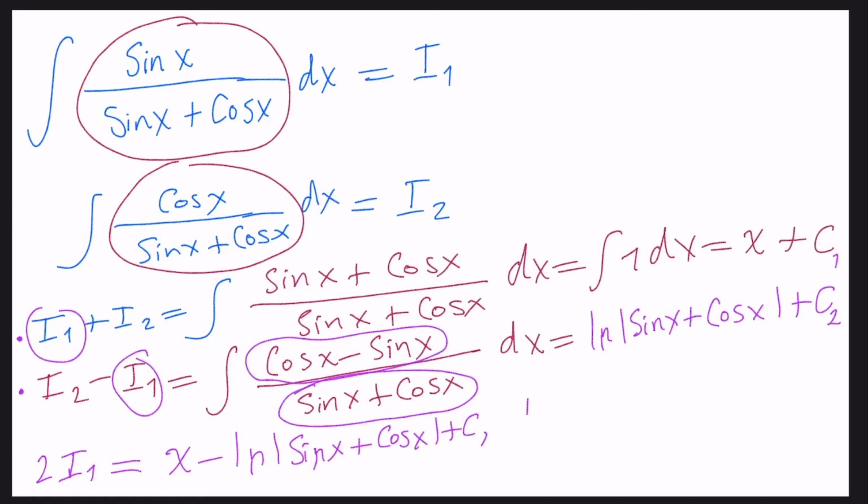Then A1, what I wanted to find, is equal to x divided by 2 minus 1 divided by 2 natural logarithm of sine of x plus cosine of x plus c. Okay, this is the final result of our integral.